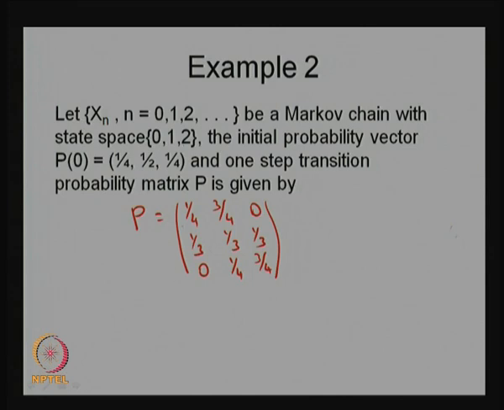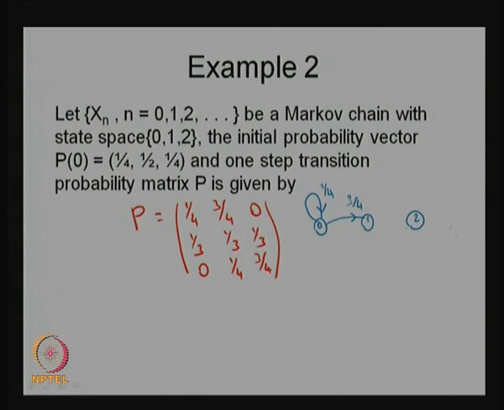It is also provided the one step transition probability matrix. From it you can draw the state transition diagram, because the state space is 0, 1, 2, therefore the nodes are 0, 1 and 2. The probability of moving from the state 0 to 0 in one step is 1/4, and from the state 0 to 1 in one step is 3/4. There is no probability of going from the state 0 to 2, therefore we should not draw the arc.